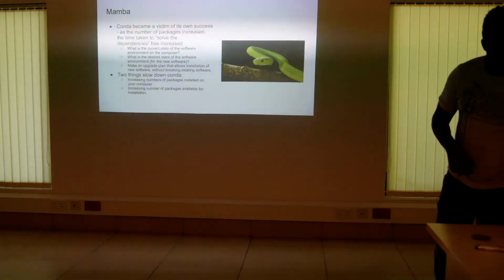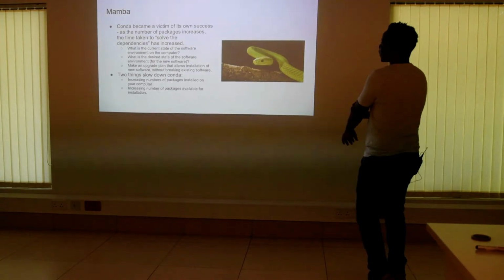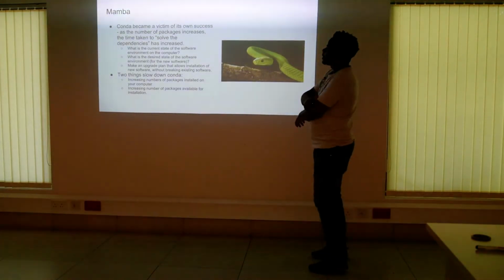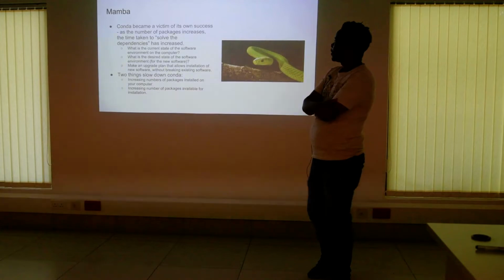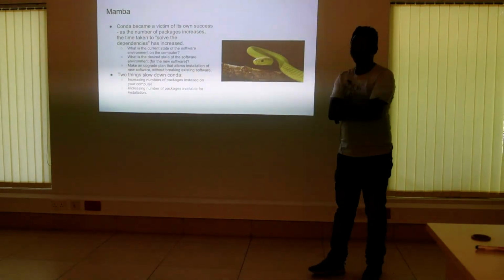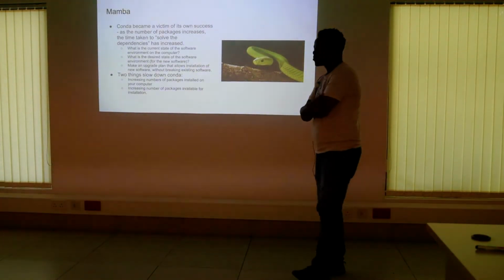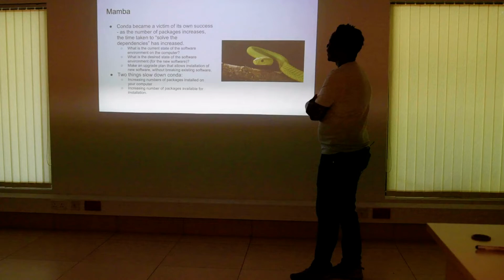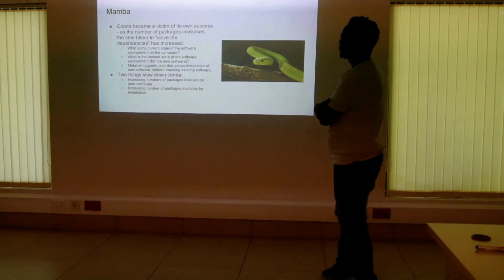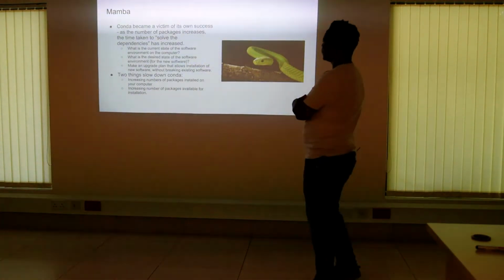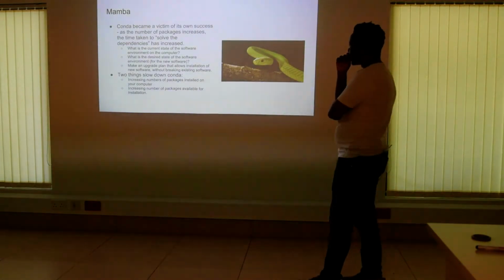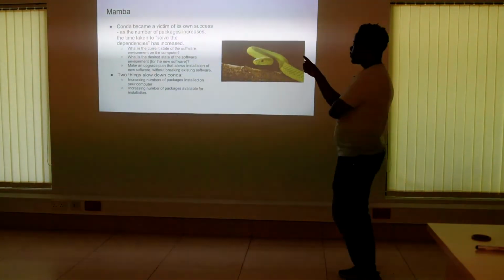Okay. So comes Mamba. I think everything is named after snakes. I think it has to do with Python itself. Like they're keeping it true. So Mamba is a much faster version of Conda, and it tries to resolve the dependencies.